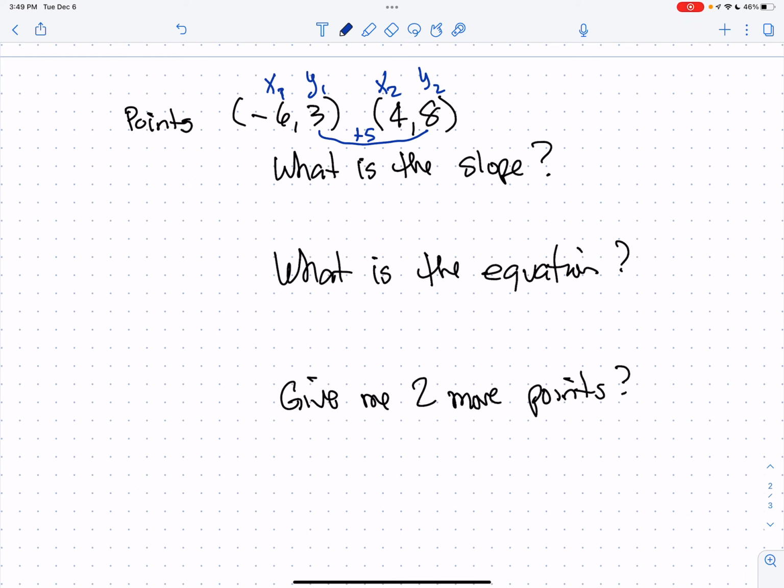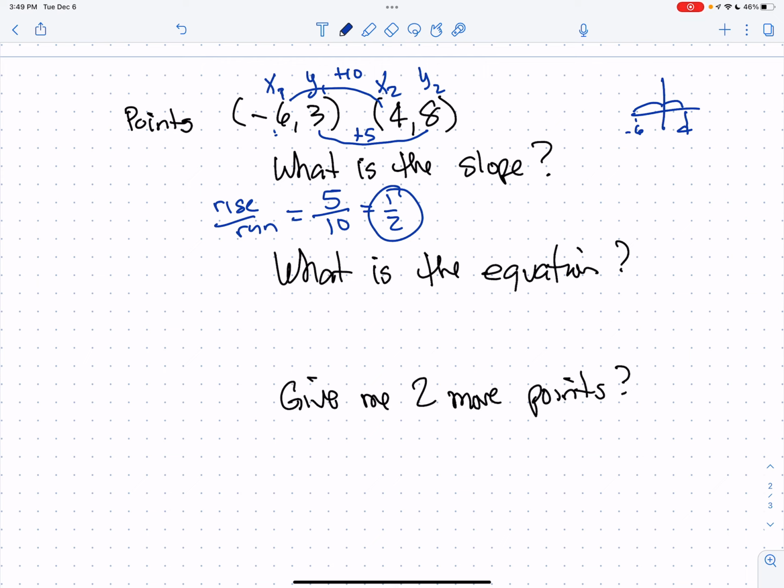So the rise is 5. So rise over run equals slope. And the run goes from negative 6 to positive 4. That's plus 10. Because I go from negative 6 over here to 4 over here. So that's 6 to get to 0 and another 4 to get to 4. So that's 10. So the run is 10. So this simplifies to 1/2. So my slope is positive 1/2.